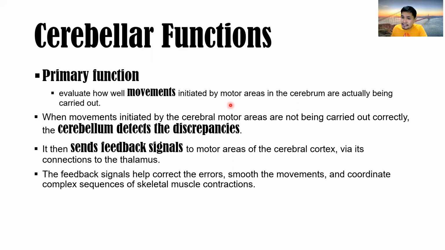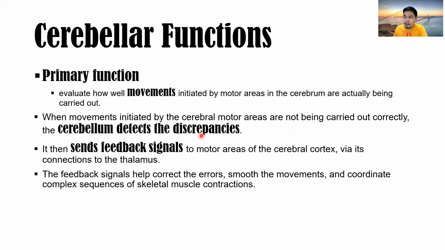So the movements in our body are initiated by the motor areas in the cerebrum. And the function of your cerebellum is to evaluate if these initiated movements are actually being carried out. Are the plans carried out? So when movements initiated by the motor areas are not being carried out correctly, the cerebellum detects the discrepancies.